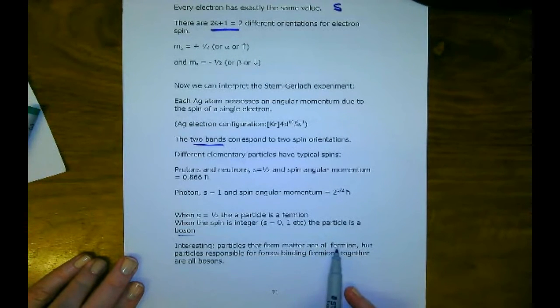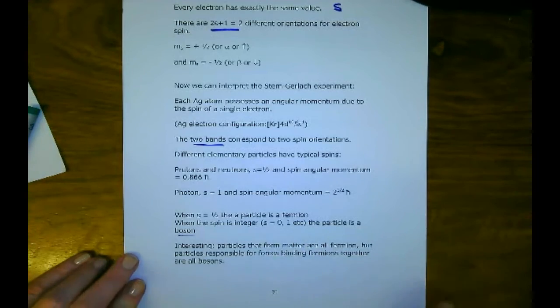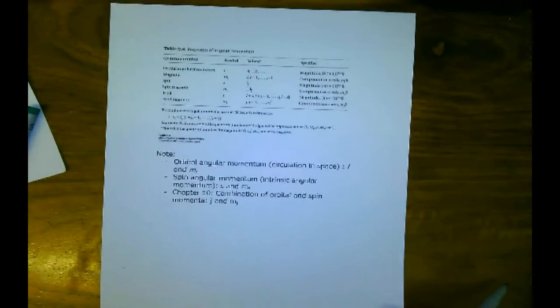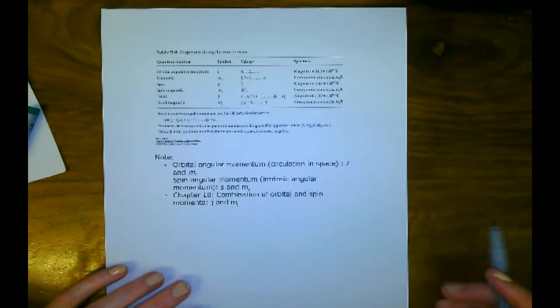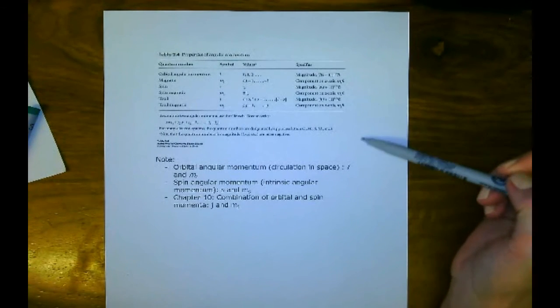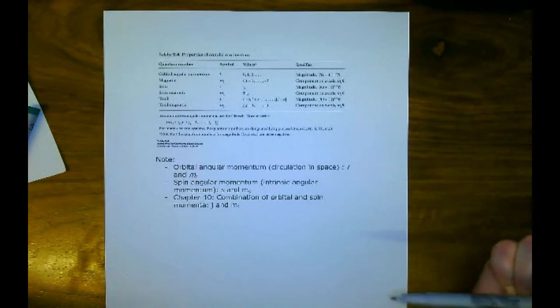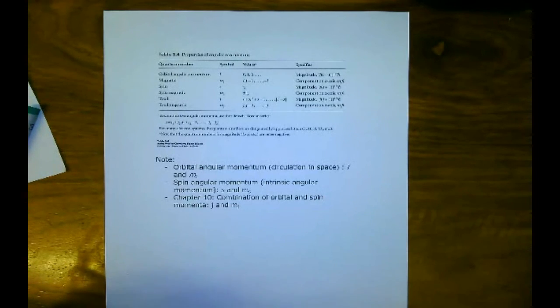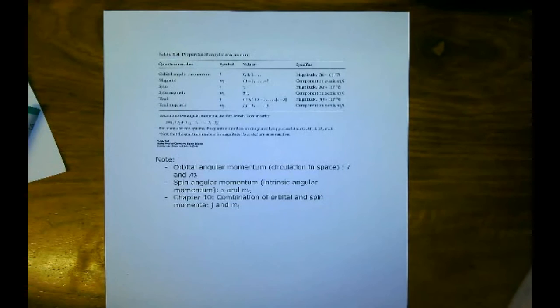So all particles that form matter are fermions, so spin half particles, but particles responsible for forces are spin 0 or 1 particles with integer spin values. So you'll notice that there is a table in your notes that summarizes all of these quantum numbers and also summarizes the names of the quantum numbers and the symbols that we use. And that basically ends off chapter 9 or 8, depending on the edition of Atkins that you have.